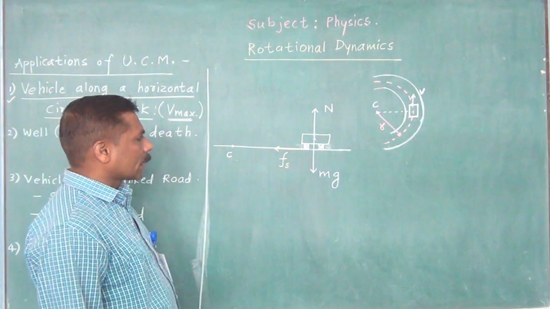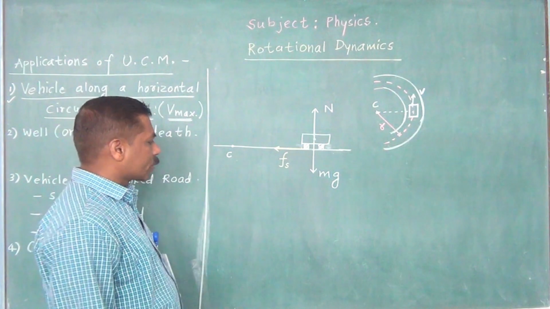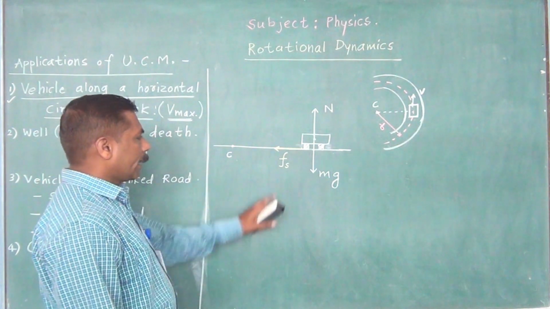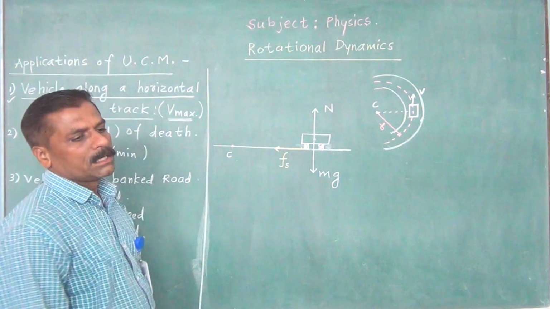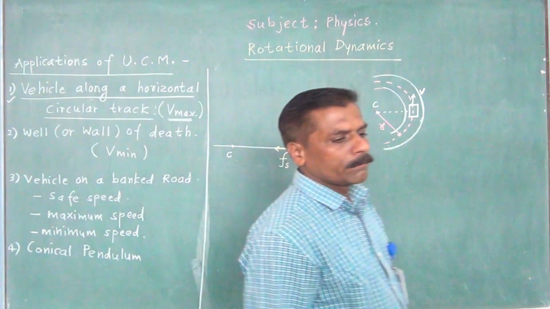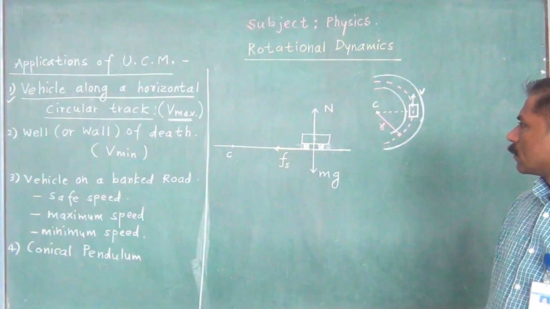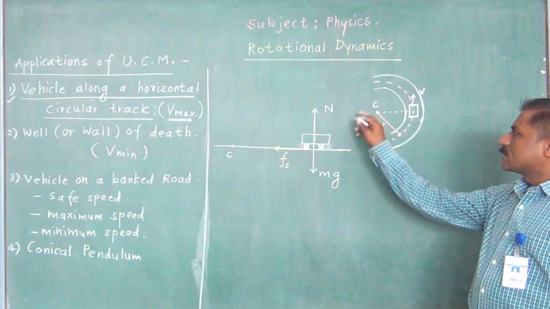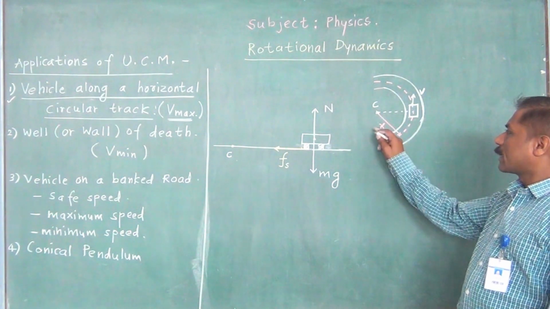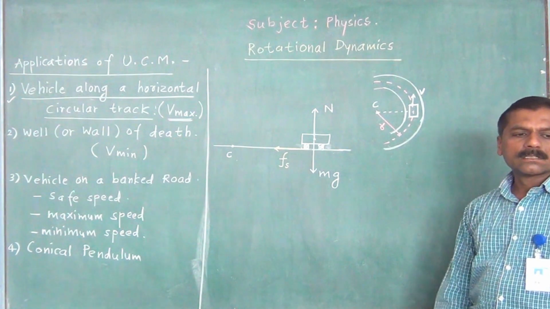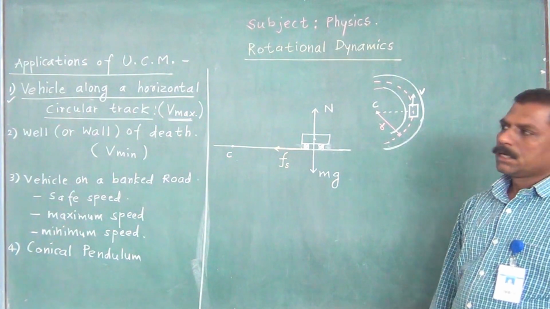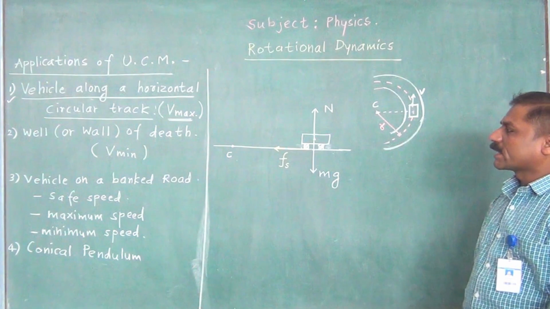In the figure we write N for the normal reaction, mg for the weight, and Fs for the force of static friction. In the second diagram, C is the center of the circle, and R is taken as the radius of the circular track. We are interested to find out the maximum speed.